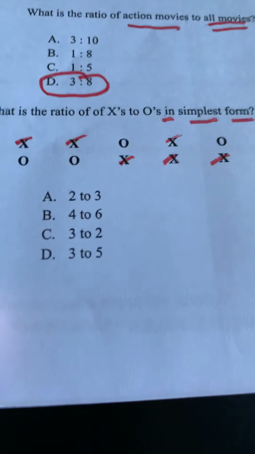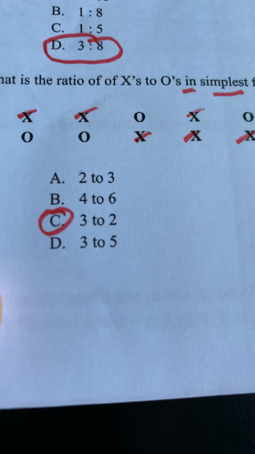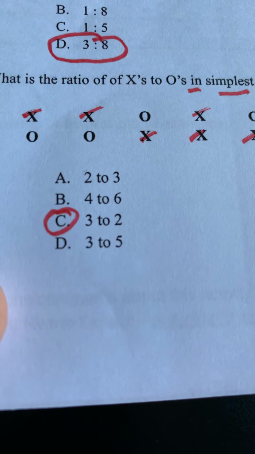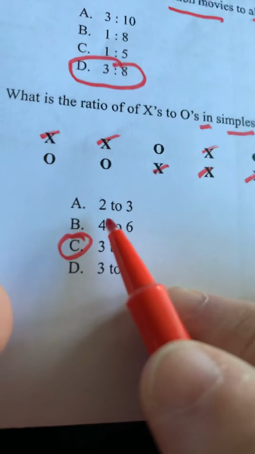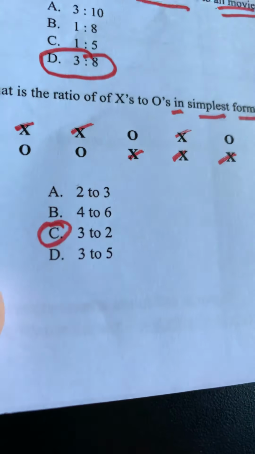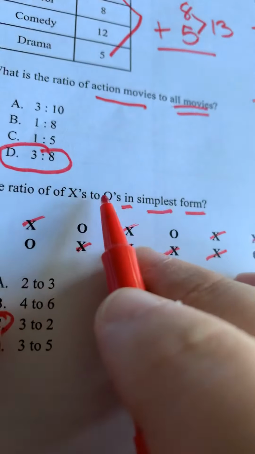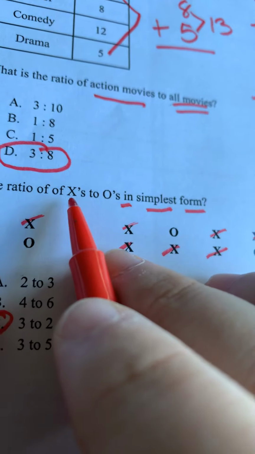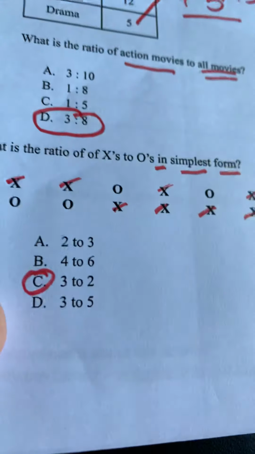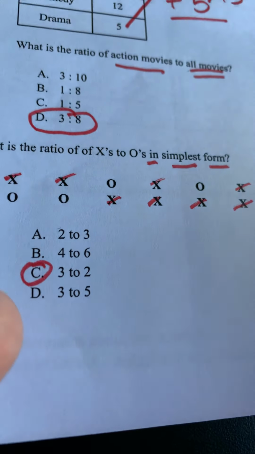Do I have 3 to 2? Yes, I do. What's wrong with A? Well, I have both my numbers 2 and 3, but if I were to do that, that should be reading O's to X's. I wanted X's to O's.